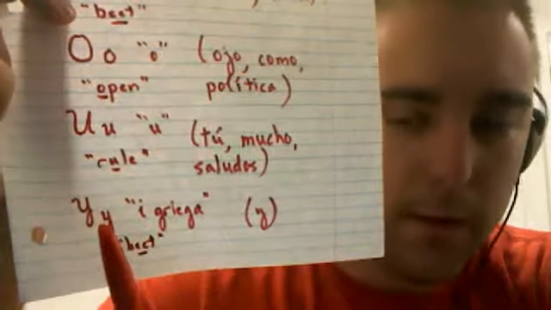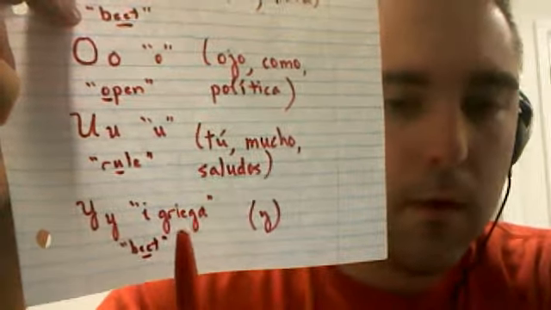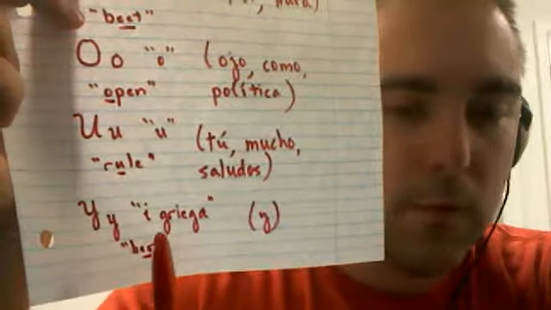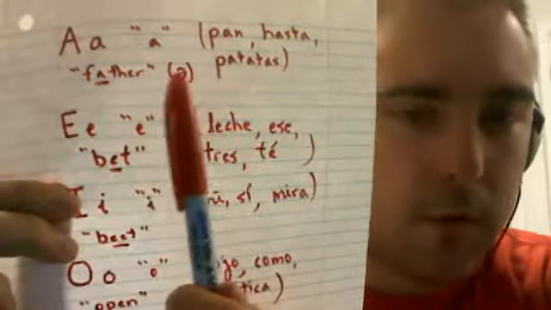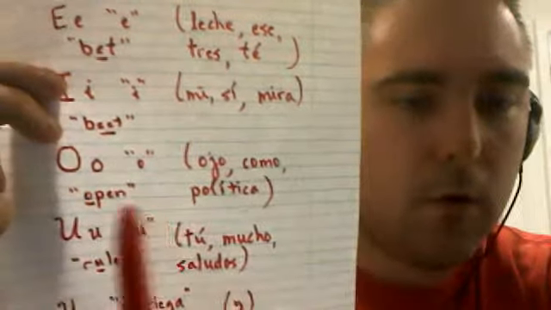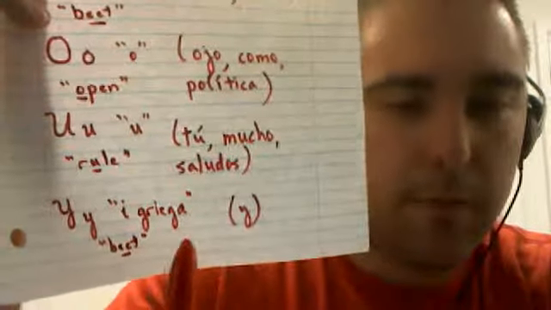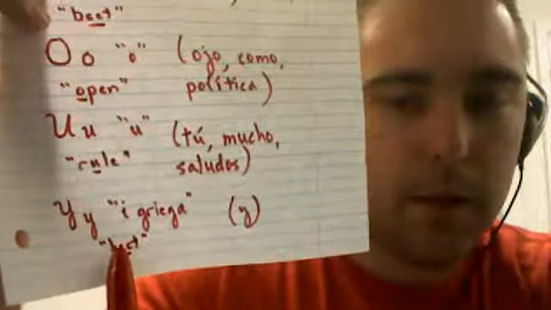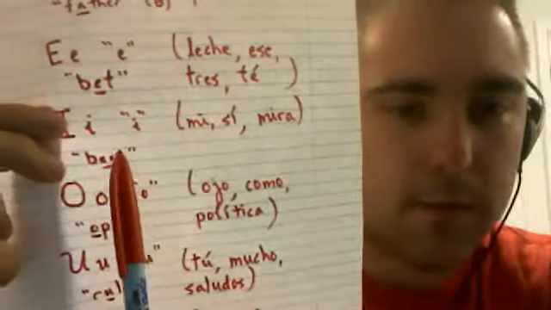And lastly, we have what looks like the English Y, which in Spanish is called ee griega. Notice how all of the other vowels said their names, basically: A, E, I, O, U, and now Y. But this Y makes the sound just like the I up here.